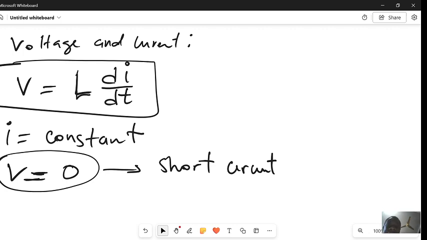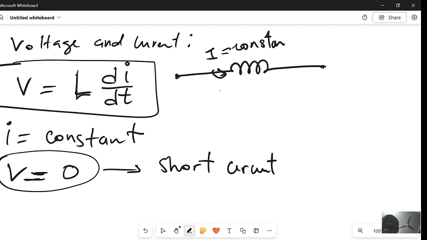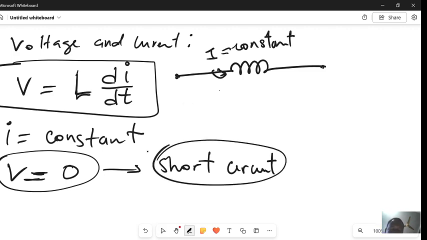Say I have my inductor in the presentation like this, and the current passing through it is constant. Then our inductor is going to be a short circuit, because from this formula, when i is constant, the derivative of a constant is 0, and the voltage will be 0.